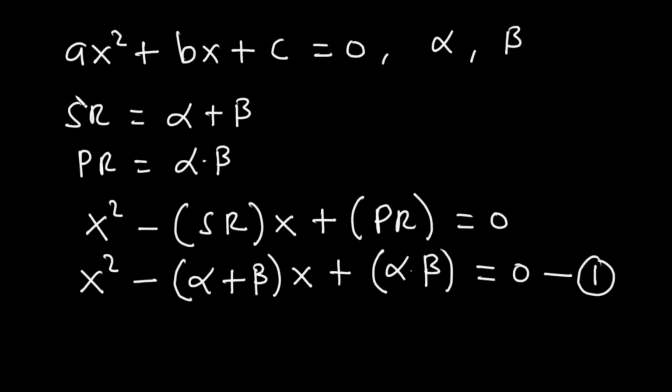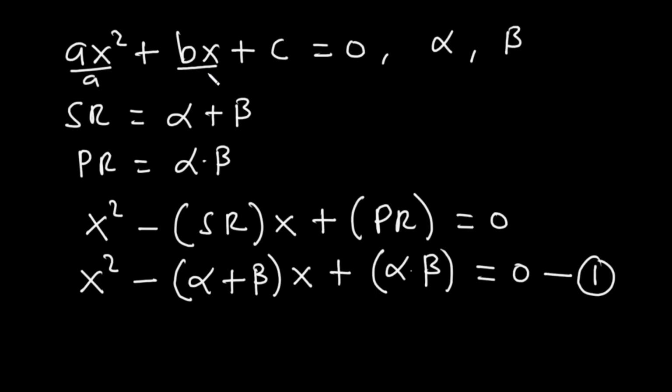Now let's consider the general quadratic equation, that is ax squared plus bx plus c is equal to 0. Now realize that the coefficient of the x squared term is a. In order to make the coefficient of the x squared term 1, we need to divide through by a.